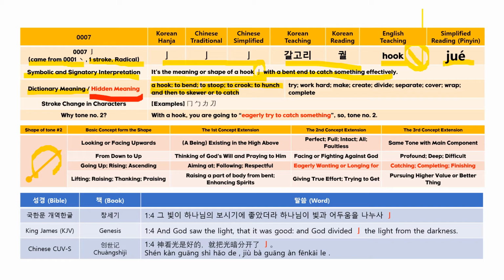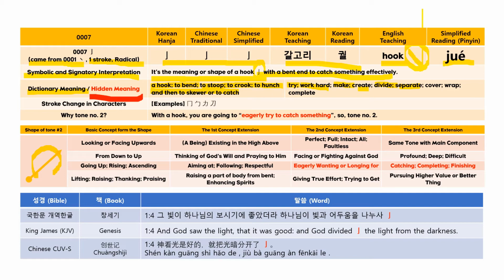Please try to remember. Hidden meaning is you try to make a hook by working very hard. Make, create, divide, separate. This character is one of the very mysterious Hanja and Chinese characters.